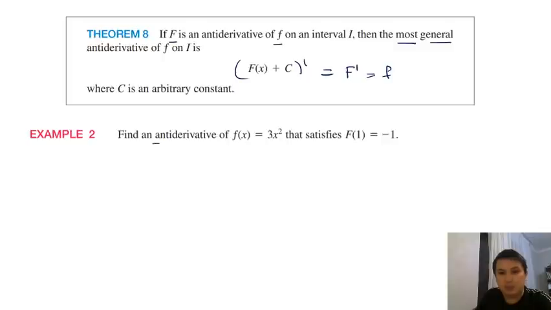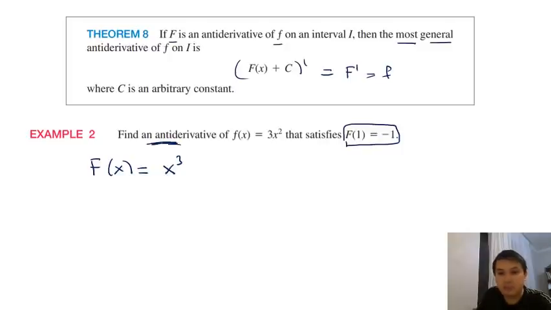Okay, let's do an example. I want to find one antiderivative of this 3x squared such that the antiderivative satisfies this initial condition. Well, what do we know? I can take F of x to be x cubed, right? x cubed, because the derivative of x cubed is 3x squared.